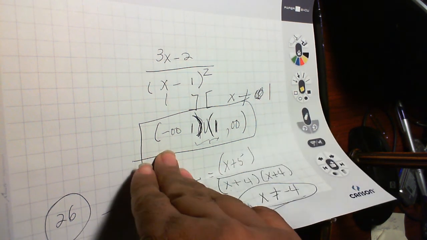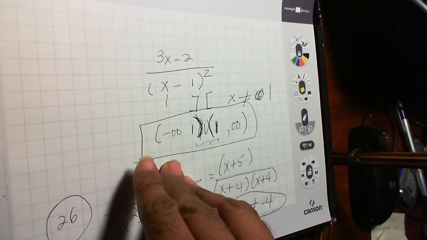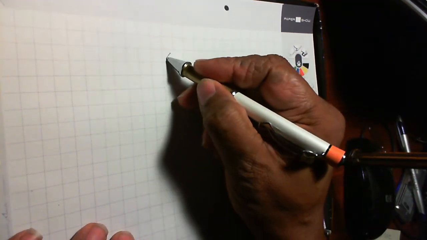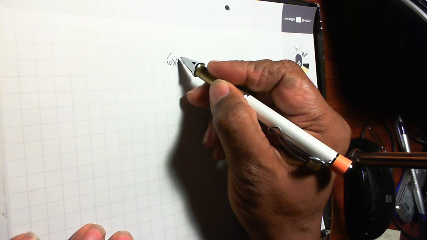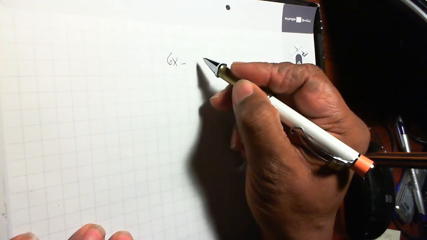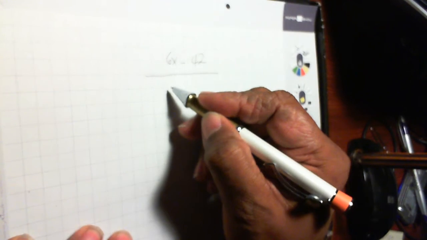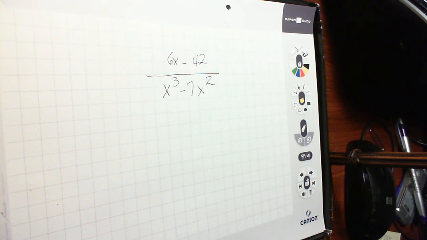Okay, let's continue with another question here. Number 32, still on page 419. Number 32 is 6x minus 42 divided by x cubed minus 7x squared.